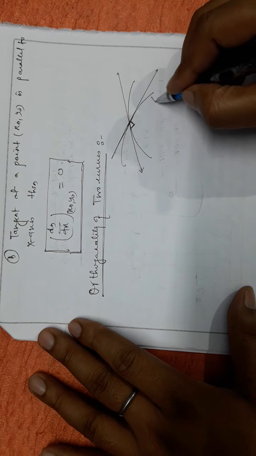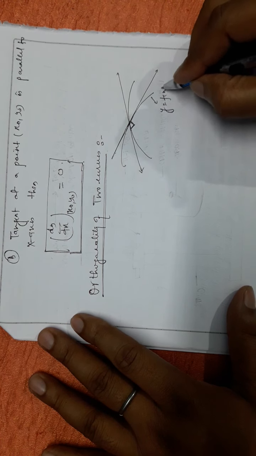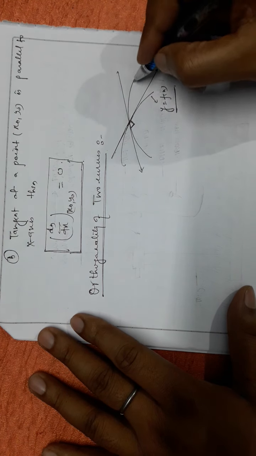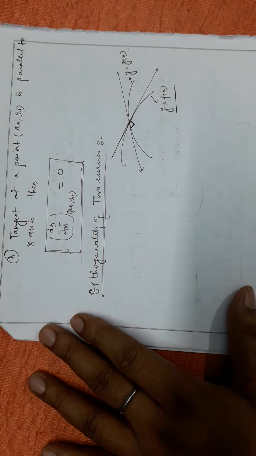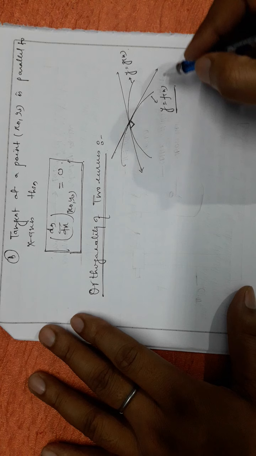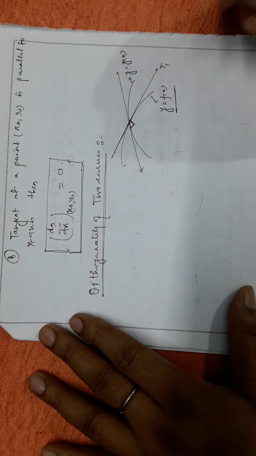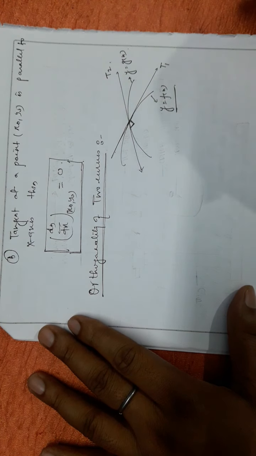So I considered the first function y equal to f(x) and the next function y equal to g(x), and the slope on the first line is marked by t1 and the slope on the second line is marked by t2.